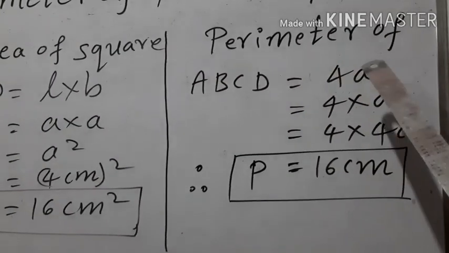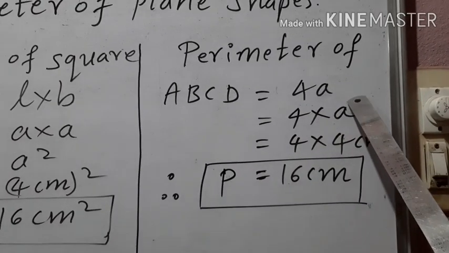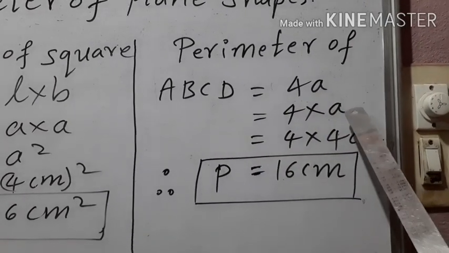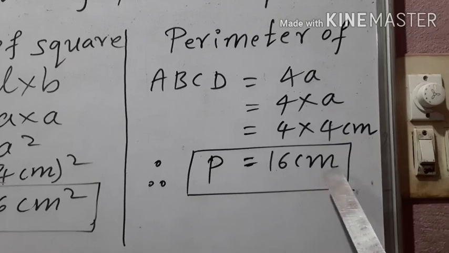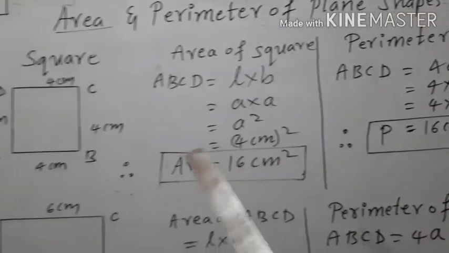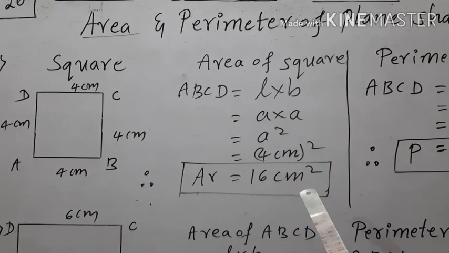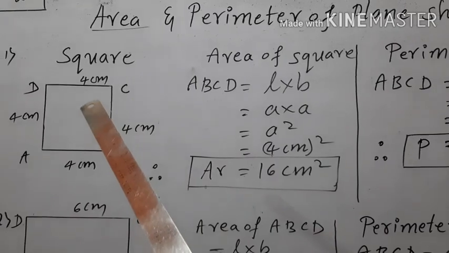Therefore, the perimeter of the square ABCD is 4A, that is 4 into A. 4 4s are 16. Thus, 16 centimeter is the perimeter of the square, and 16 centimeter square is the area of the square.